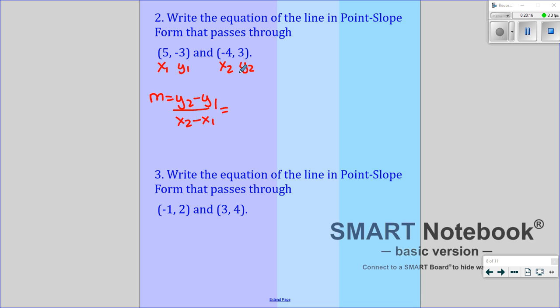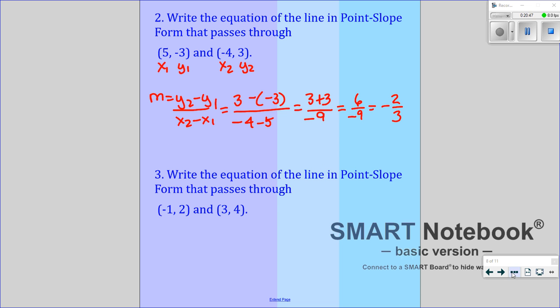And then I'm plugging in all the information based on how I labeled everything, paying attention to my signs. And then I simplify, so this will give me a positive, so it'll be 3 plus 3 over negative 9. And then this will be 6 over negative 9, and then reduce. So this will become negative 2 over 3.